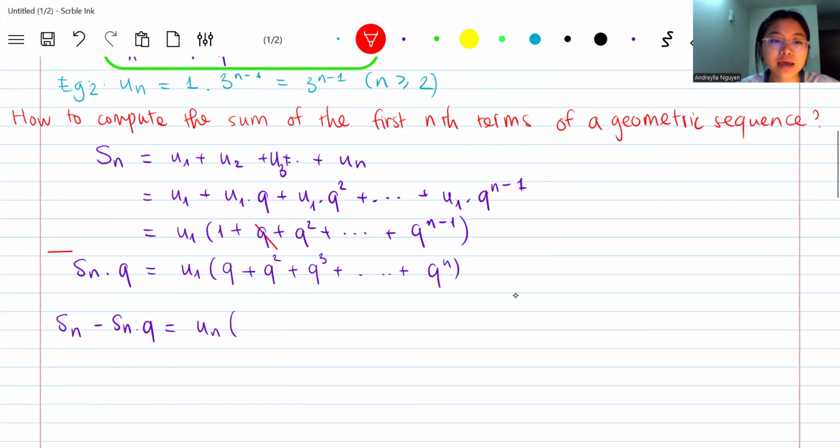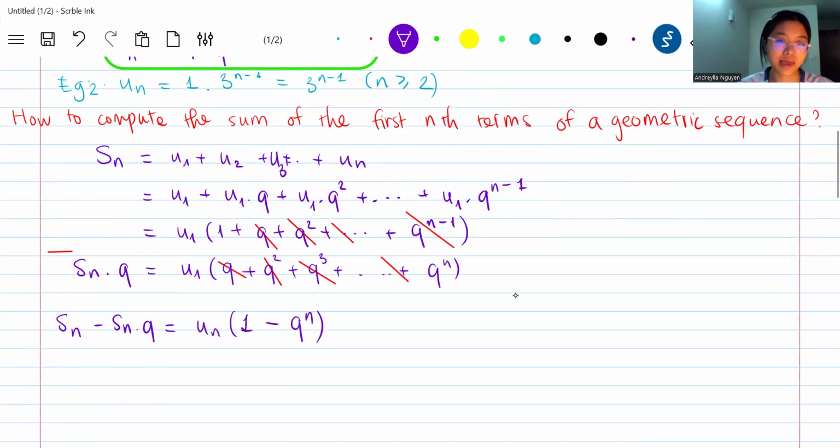When I subtract Sn times q, I see that the two terms are eliminated, and this process continues until, finally, I get 1 minus q to the power of n.